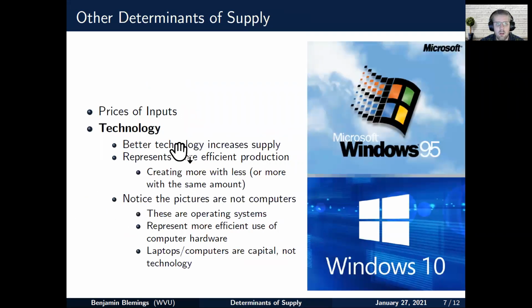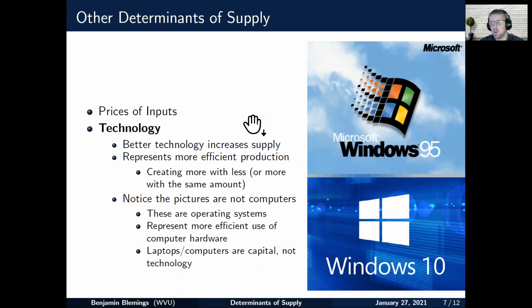Another important determinant of supply is technology. Better technology will increase the supply curve, or shift it outwards, because this represents more efficient production. I know a lot of people think about computers when you think about technology, but in this course, a computer is not technology, a computer is capital. All technology does is provide a different way of combining your available inputs.